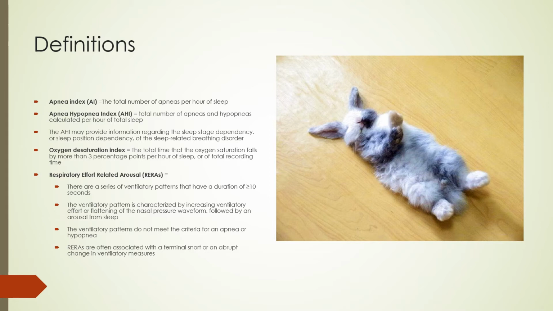So oxygen desaturation is something that you might be doing more commonly at the bedside in acute care medicine if that's where you want to work. This is how long the desaturation falls per hour of sleep. Usually it's got to be more than 3% per hour of sleep. So this is looking at how much they desaturate and how significant that is. That's something that you guys will be doing.